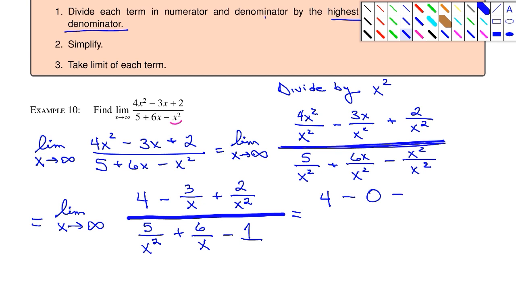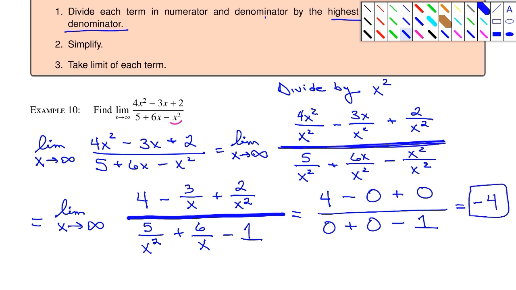The limit as x goes to infinity of 2 over x squared, that's a 0. And then 5 over x squared is going to go to 0. 6 over x goes to 0. And negative 1 stays the same. So that's negative 4. And that's the limit.